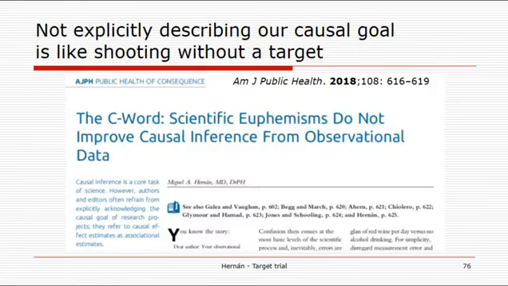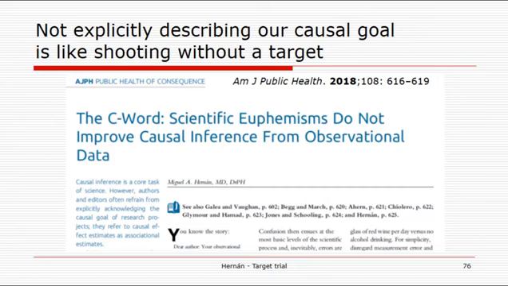And this is a commentary that I wrote earlier this year about this issue: a big part of the problem is that many scientific journals will not accept us talking about causal effects. They want us to write our papers in terms of associations only. And the problem of writing a paper in terms of associations and never mentioning the causal effect, the C word, is that we cannot explain what our goal is.